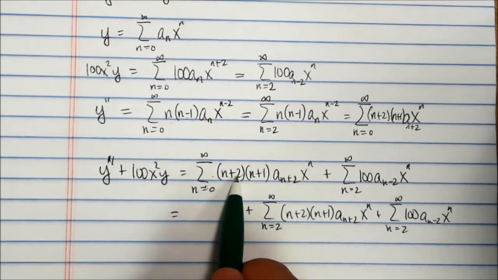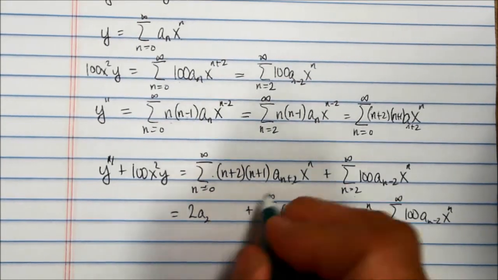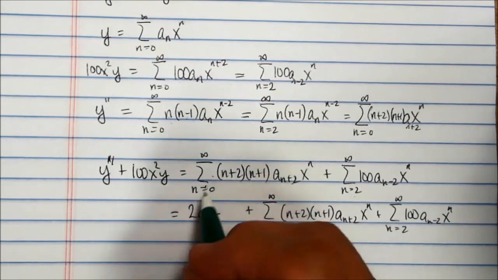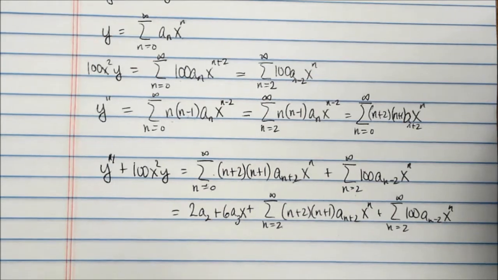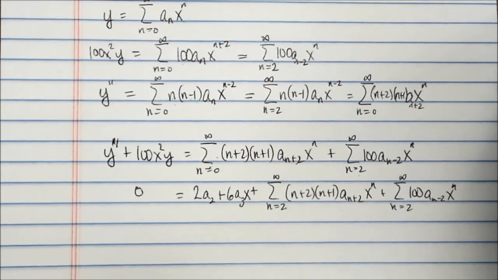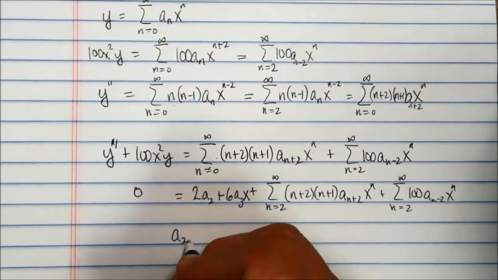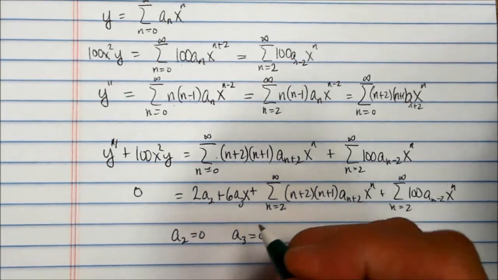Now, of course, I left off the first two terms on the first series by starting it at 2 instead of 0. So I have to throw in n = 0 and n = 1. If I put in 0, I get 2·1·a_2·x⁰ plus 3·2·a_3·x¹. And that is supposed to be equal to 0. So the only way this happens is if a_2 is equal to 0. Also, 6a_3 has to be equal to 0.